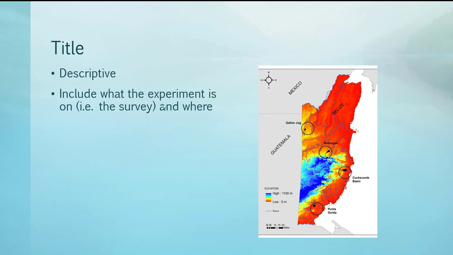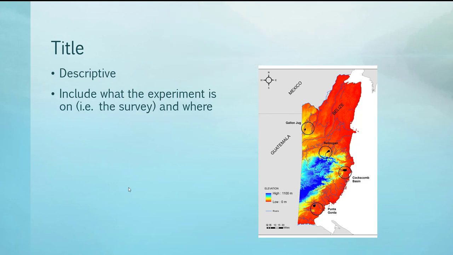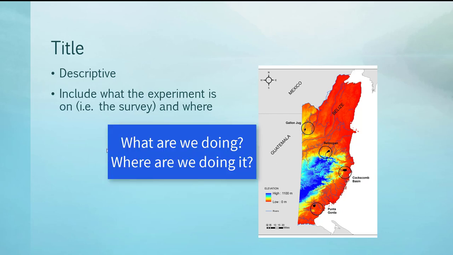We're not actually experimenting, but we're collecting data, the surveys, on the bird species and abundance and vegetation. We're collecting that data in the country of Belize in order to recommend which of the 4 sites should be conserved. So it can be about a sentence long, and it's going to basically describe what we're doing and where we're doing it.